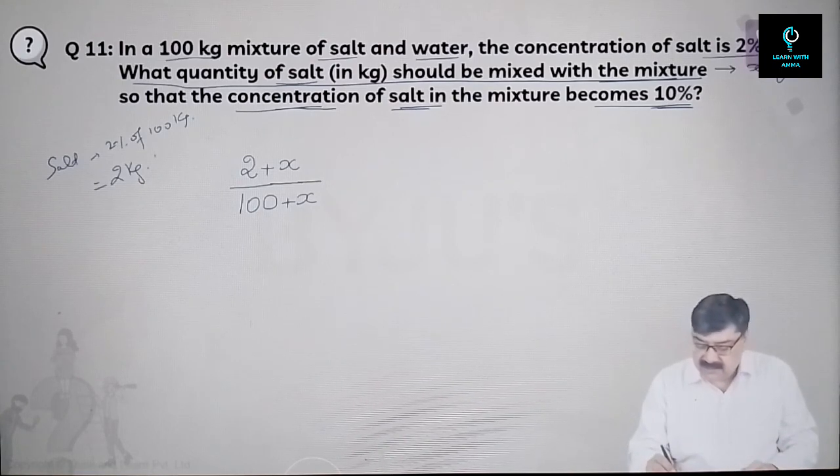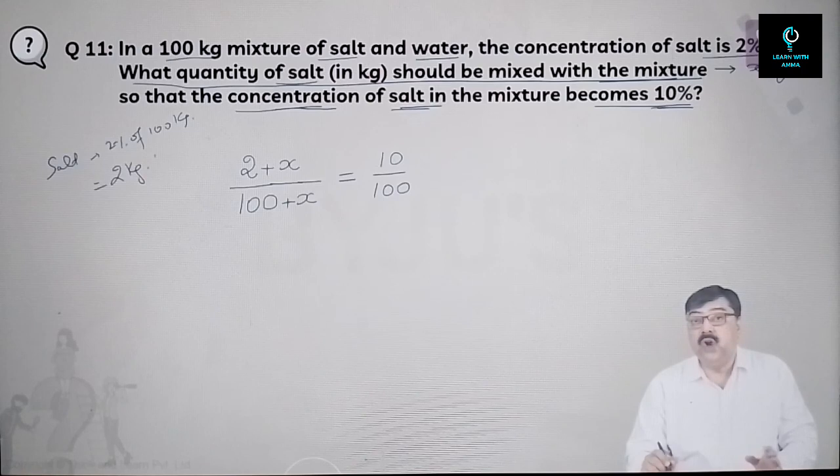In such a case, this will be equal to 10% of salt's concentration in the mixture. That's it. You formed the equation. Now solve it.